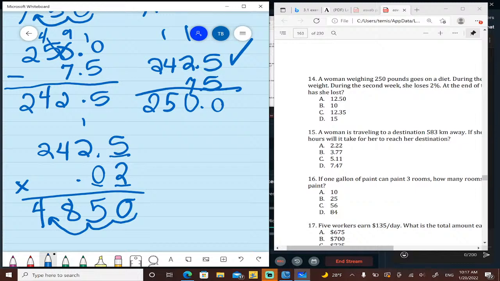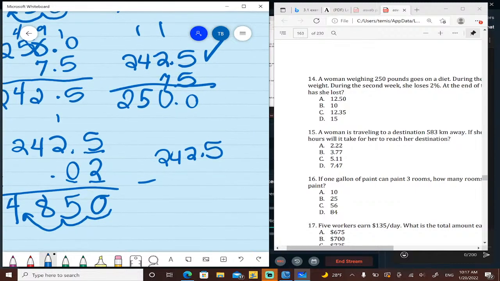So let's go to the 242.5 and subtract out 4.85. Now I could put that 0 at the end of that, but it's not going to do anything. So anyway, we'll put it there, and then we'll fill this in with 2 zeros.